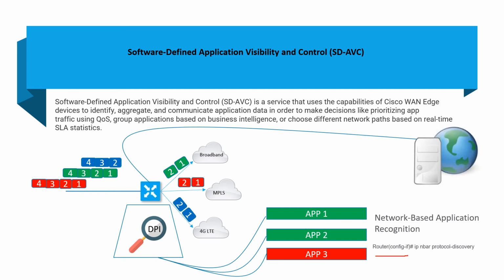So that's the difference. Here you're routing the application. If this is an application coming from app 1 and it is detected by the DPI, you send it over the broadband. My app 2 application data has to go over the MPLS, and my app 3 data has to go through the 4G.